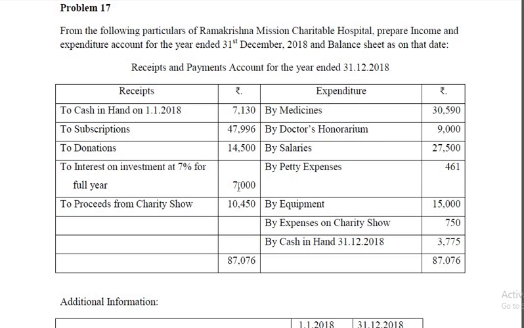I repeat, 7 is equal to 7,000. What is 100? So what you have to do is 7,000 divided by 7 into 100. That way you have to calculate. So this was there at the beginning of the year. That means in the opening balance sheet also you have to get the value, that is 1 lakh value of investment.